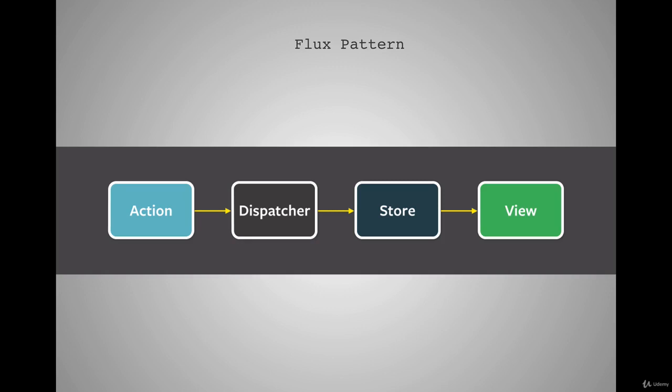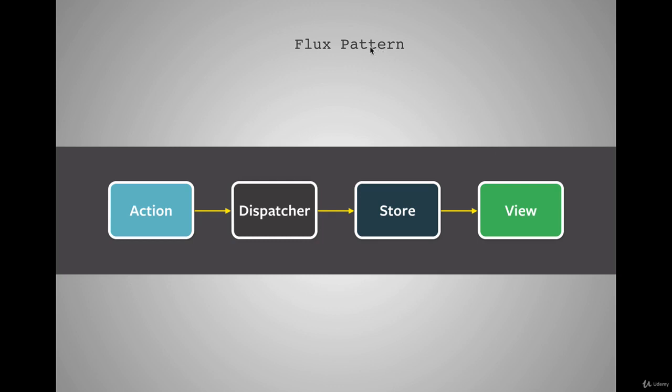Now, Redux, and I want to teach this just for historical purposes, uses an architectural pattern called the flux pattern. Architecture in software is a way to make sure that we're able to solve problems in a logical sense and in an organized fashion.